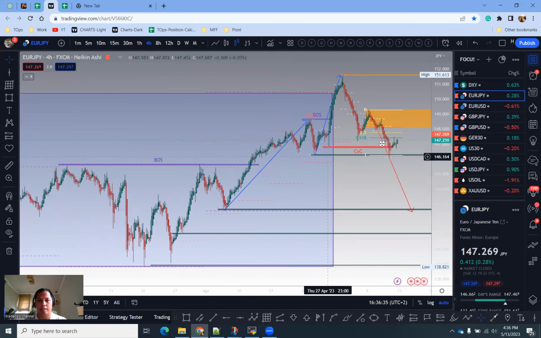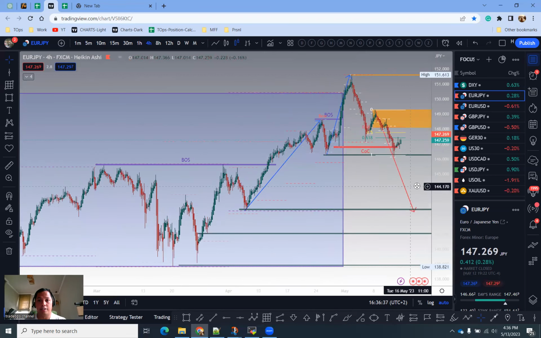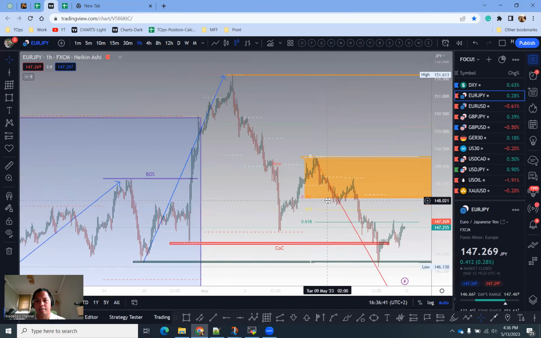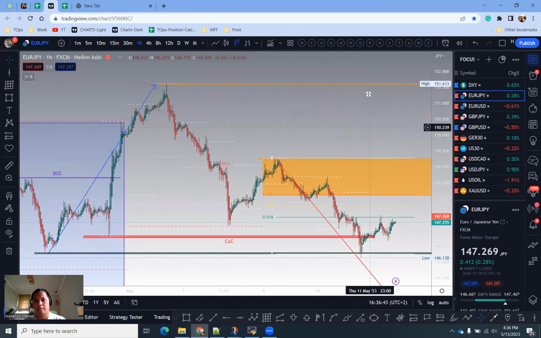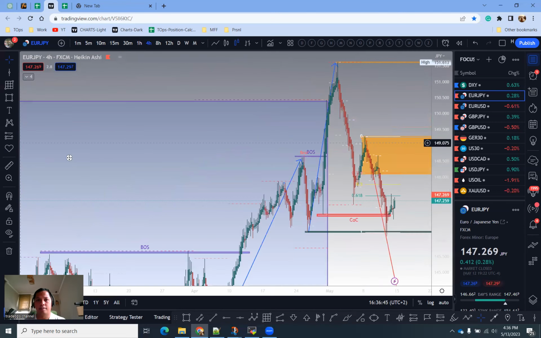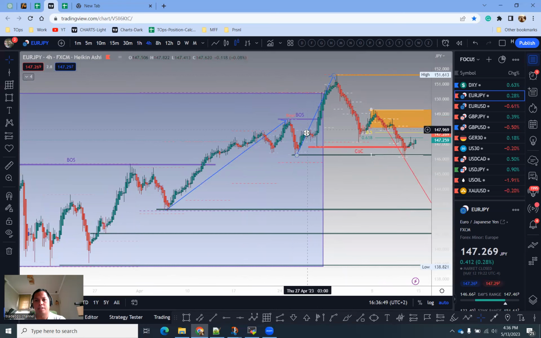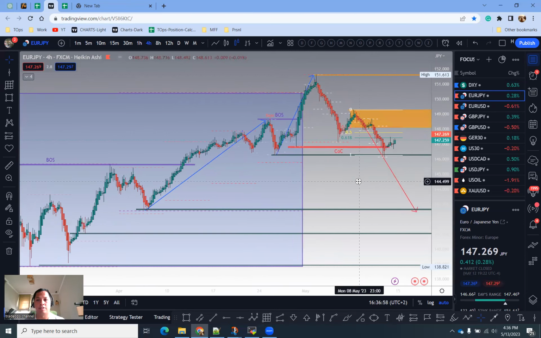So here, as you can see, we already know the important key levels, right? So let's mark them up. So 1 hour. I said before that once we know the trend on the higher time frame, you need to mark it up in here to put a flag. If our market structure is bearish, since there is already a CHoCH here, change of character, we are bearish here on EUR/JPY on the higher time frame.